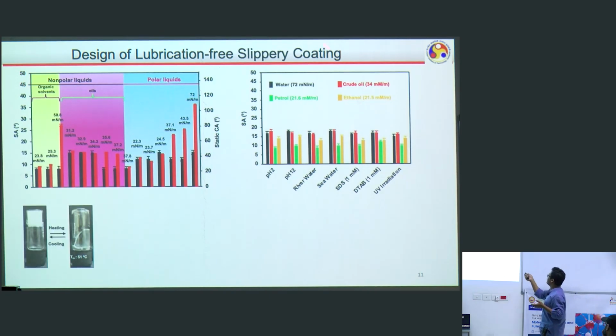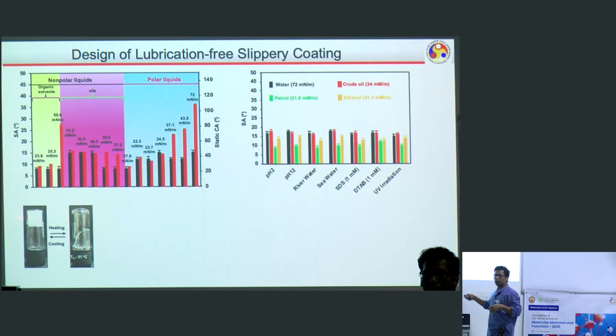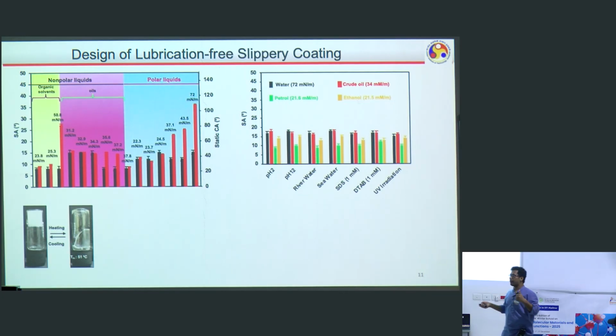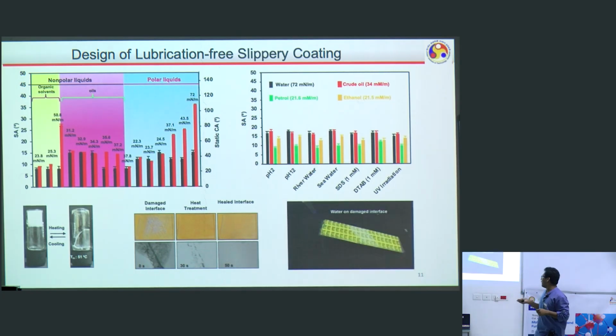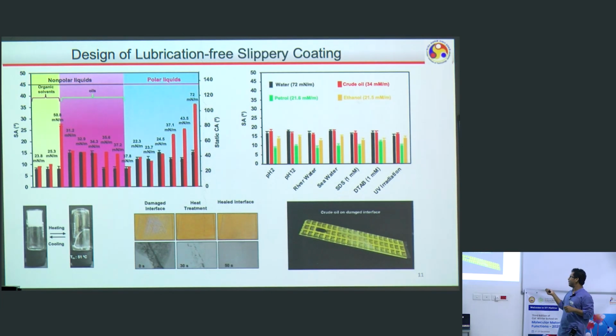As you can see here, many of these liquids can be easily slid off. Taking advantage of this phase transition, it remains solid at room temperature, but once you heat it up, it becomes molten. So even if you incur some sort of physical damage on this interface, you can heal it within a few seconds. Because of that, if you put water, it's stuck in that place, but after healing, it slides off.